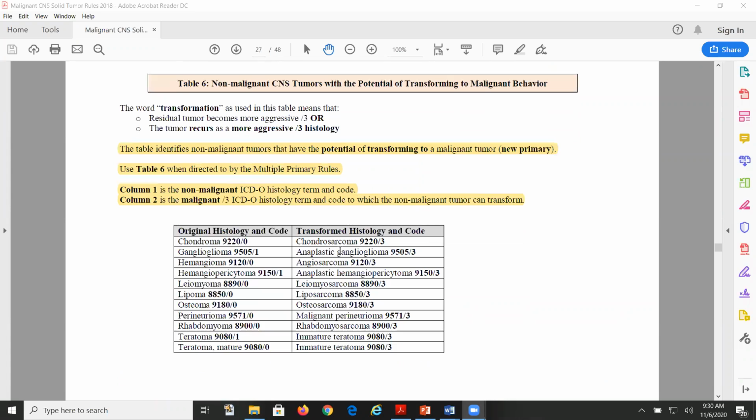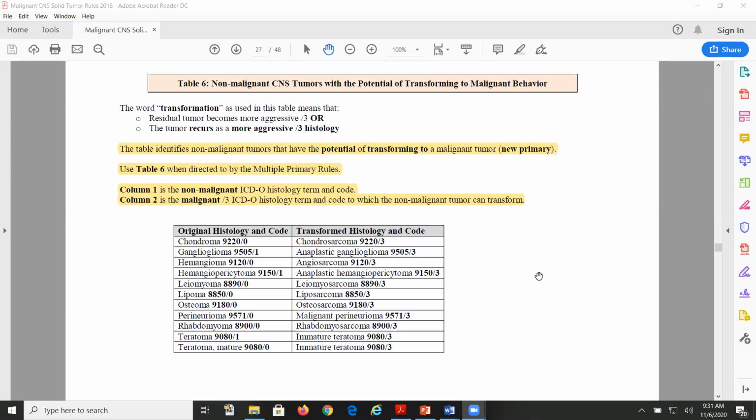This table is benign and borderline malignancies in the first column that have the potential to transform to malignant behaviors. Now, when we go through the rules, you will see that a single tumor is always a single primary.